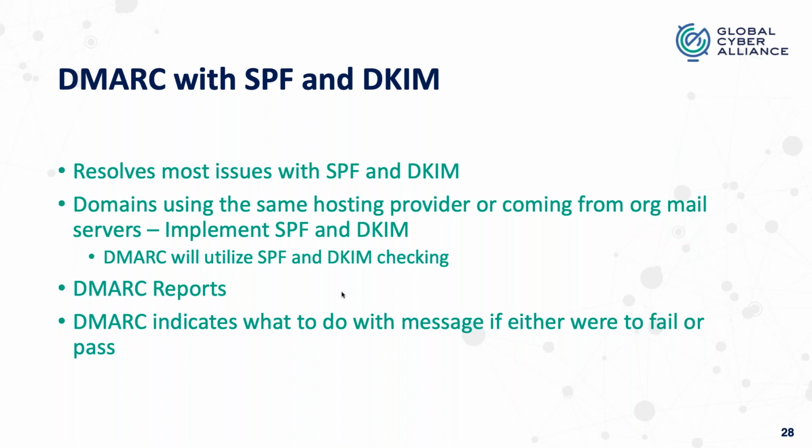Your policy says reject, okay, I'm not even sending the message on. We're dropping the message. So there's where you see the value in having DMARC in place, because it uses the benefits of SPF and DKIM. Granted, it has some of the flaws like the 10 domain lookup limit of SPF, but overall the benefit is there when you're implementing DMARC alongside SPF and DKIM.